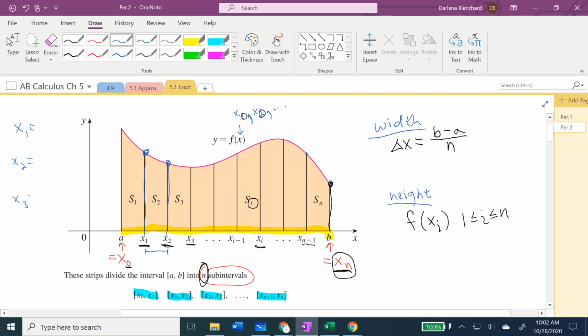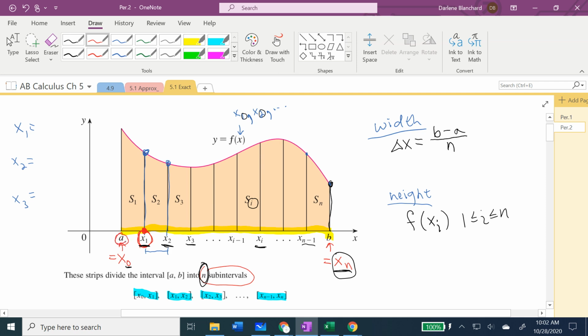And so on. So watch this very, very carefully. This is very important to pay attention to and watch closely. I want to know what this location on the x-axis is.